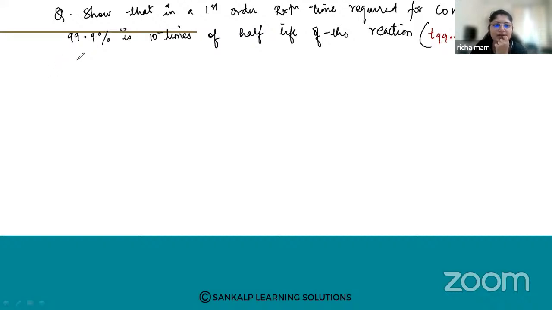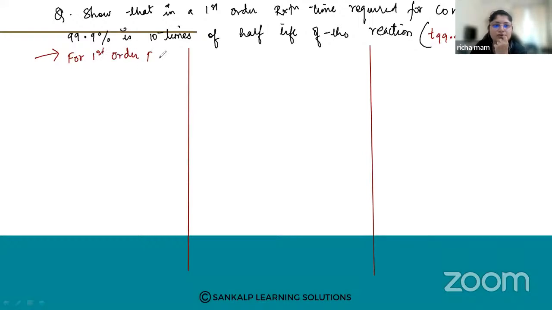So for a first order reaction, we know that T of half will be equal to 0.693 by K. This is our first equation.